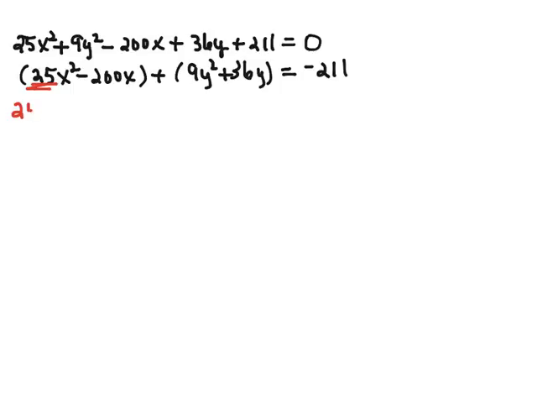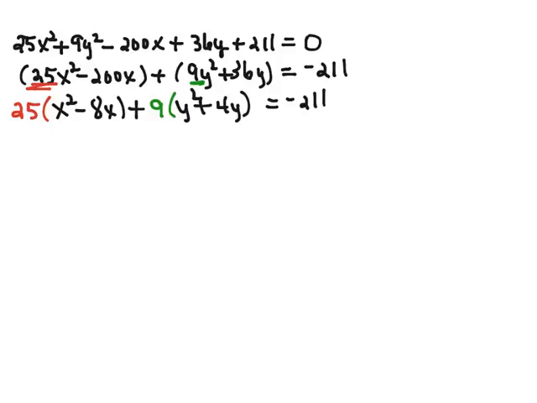So we're going to factor out this 25, and that's going to give us x squared minus 200 divided by 25 is 8x, plus, for our y term, we're going to have to factor out the 9, and that's going to leave us y squared plus 36 divided by 9 is 4y equals negative 211.